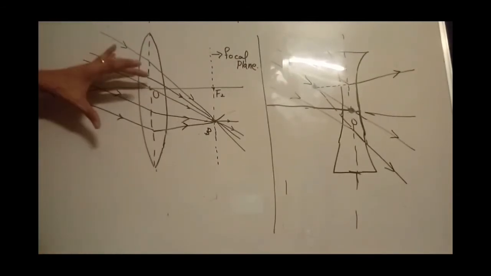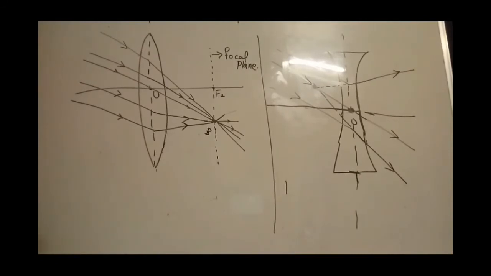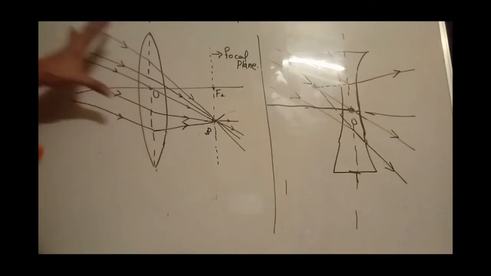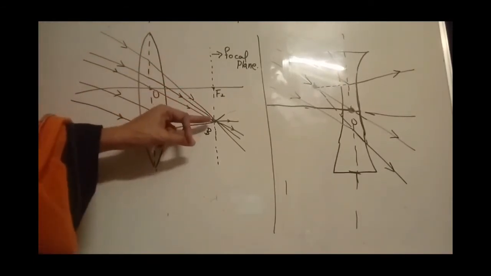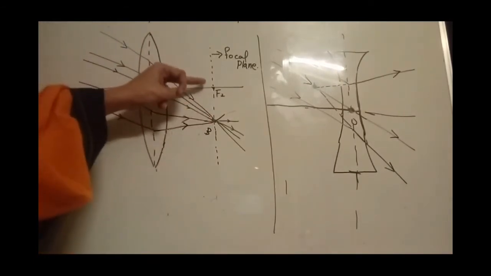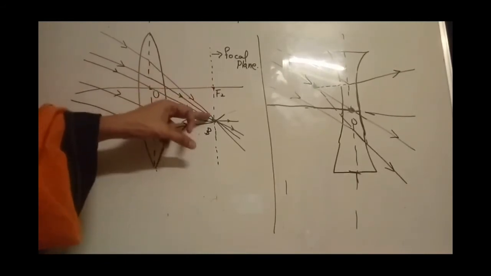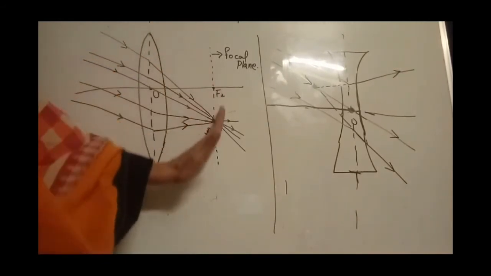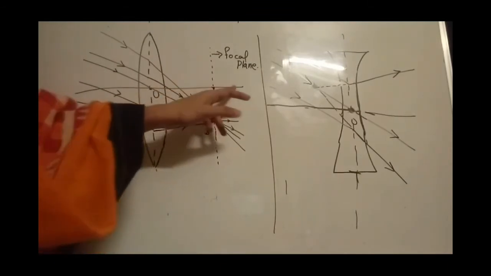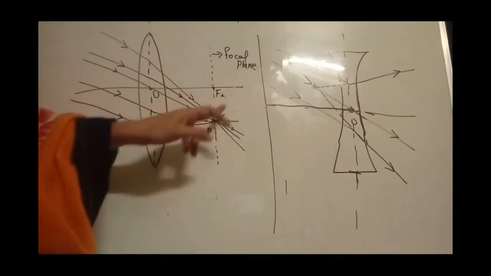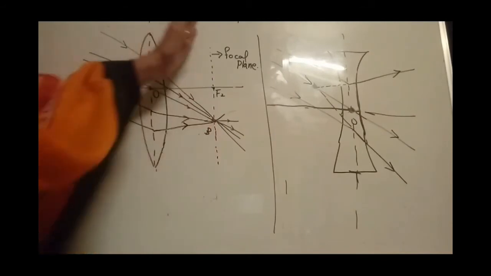Oblique means in a slanting position with the principal axis. In such cases, of course, since it is a converging lens, they all will converge to a single point, but that single point won't be the focal point. It will be a point which lies on the focal plane but not on the principal axis. So it will be somewhere else on the focal plane.